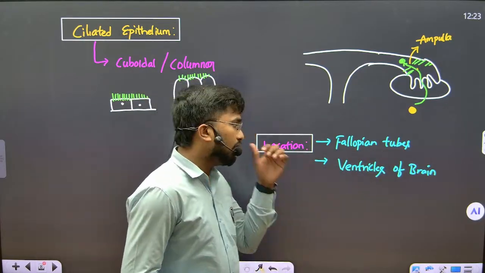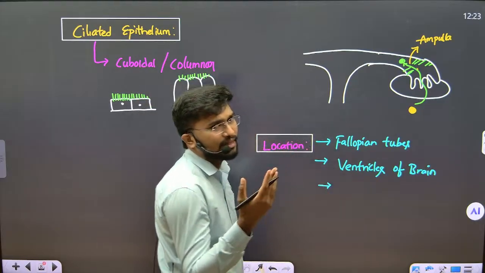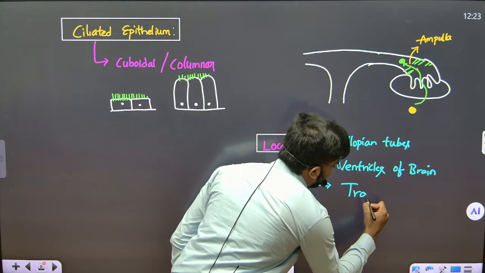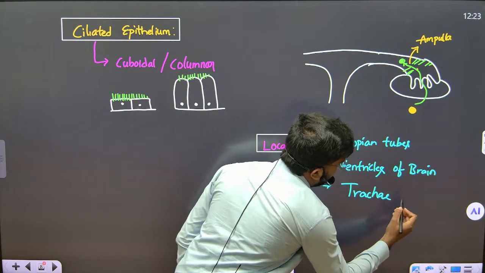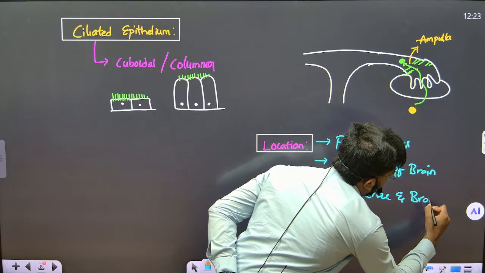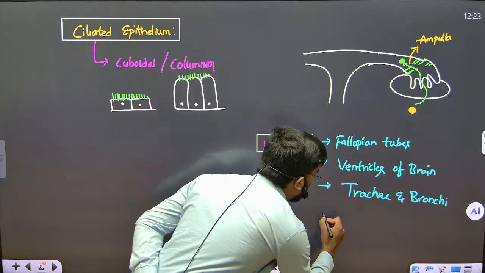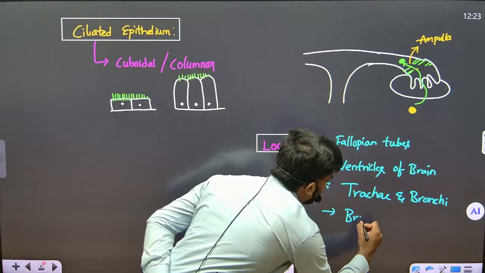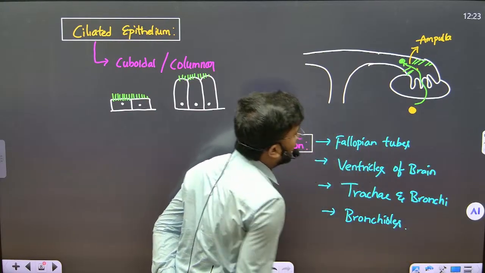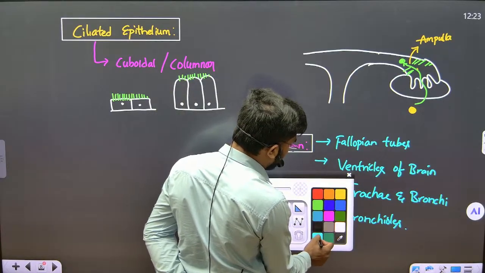Got it? Next, if they are simply asking about ciliated epithelium, we can include the trachea also. Trachea, and bronchi. Bronchioles also we can add. Are we clear with this? These are examples of ciliated epithelium.